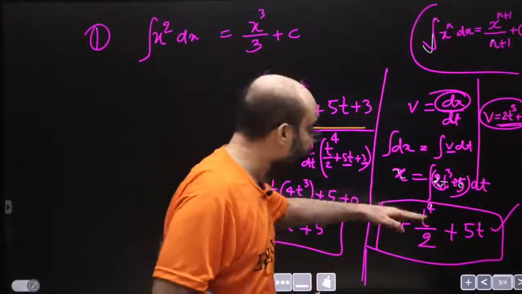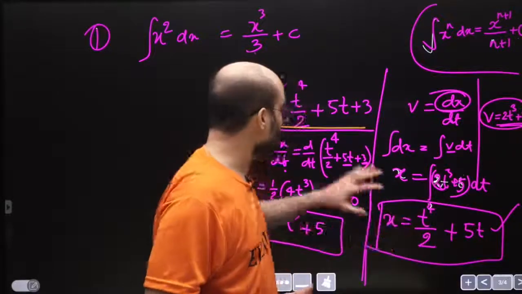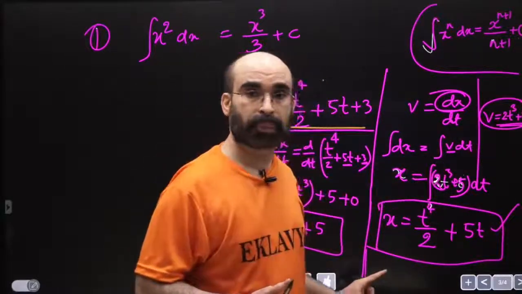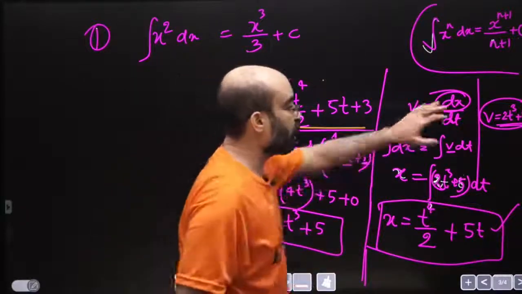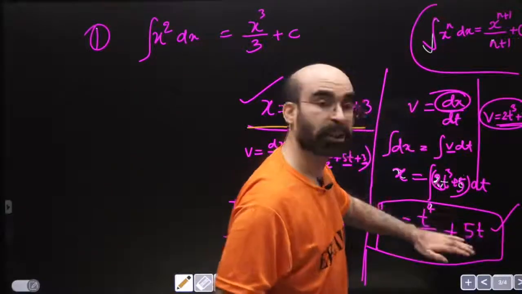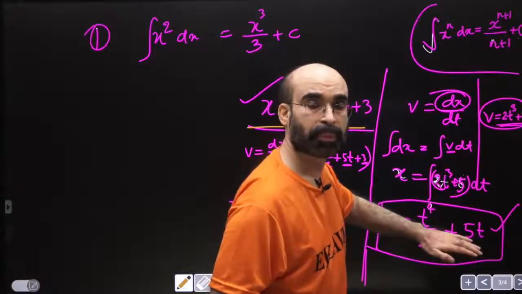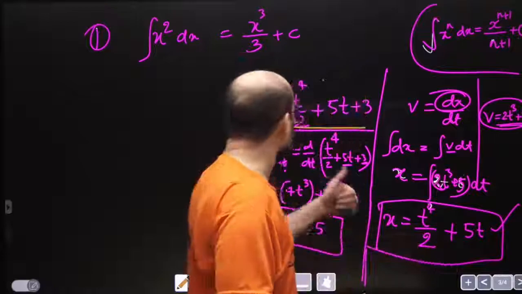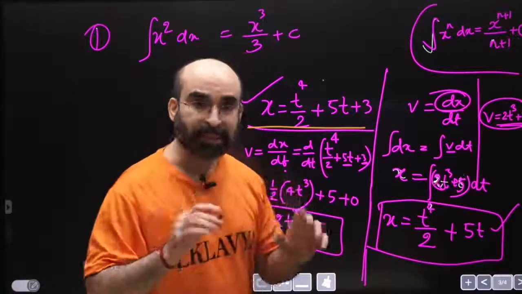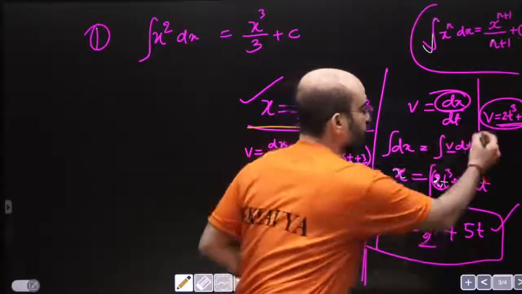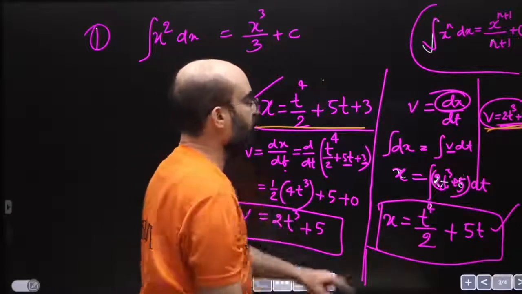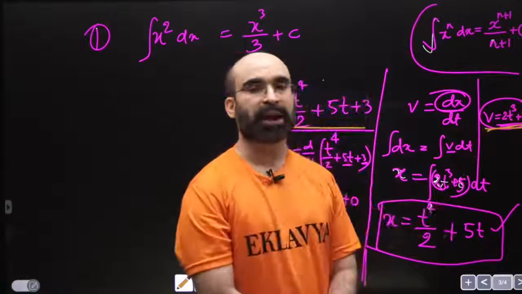So that value of x must come equal to this if we have got the same velocity. Here we knew the velocity, we found the displacement, right? So this displacement value must be equal to this. Since velocity we have taken in the two cases same, 2t cube plus 5, here also 2t cube plus 5.